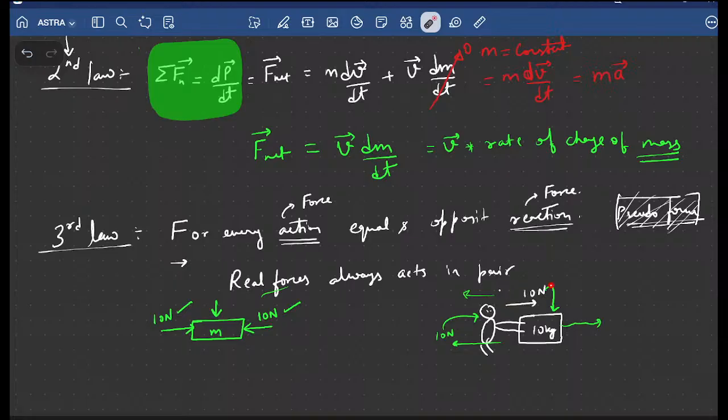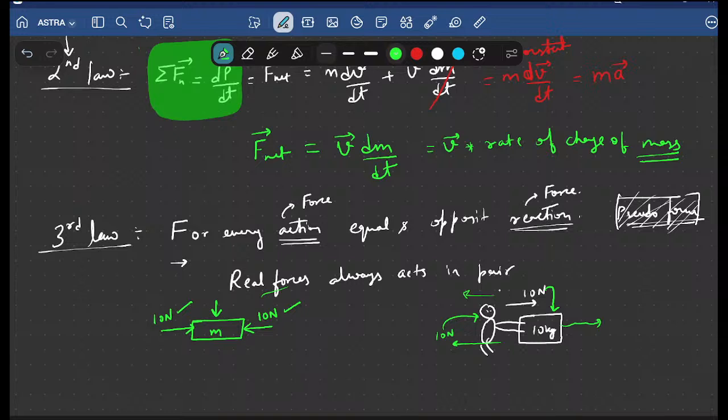But here this 10 newton is acting on this 10 kg mass, and this 10 newton is acting on this person. So although these two forces are equal in magnitude and opposite in direction, they are acting on different bodies. That's why they won't cancel each other. This is a very important point of Newton's third law. Am I clear to everyone?